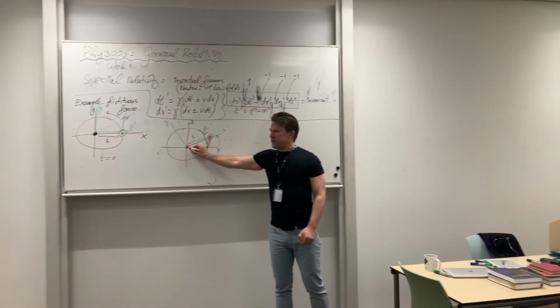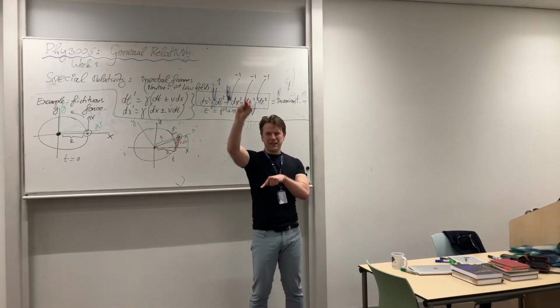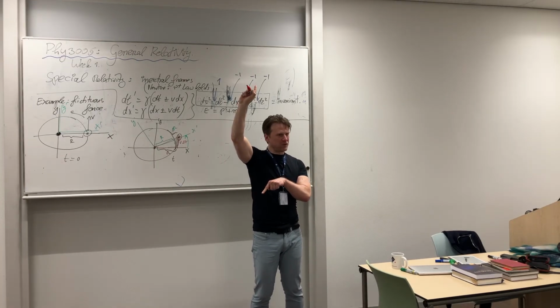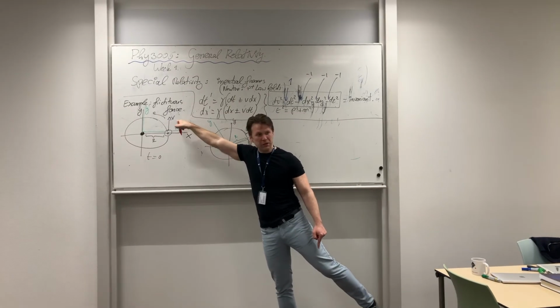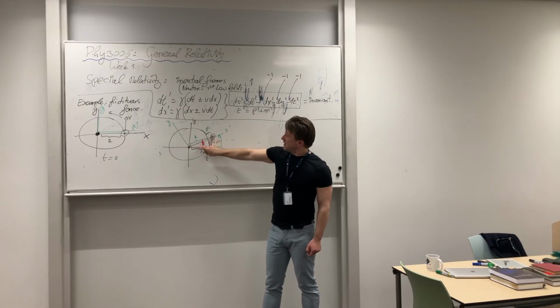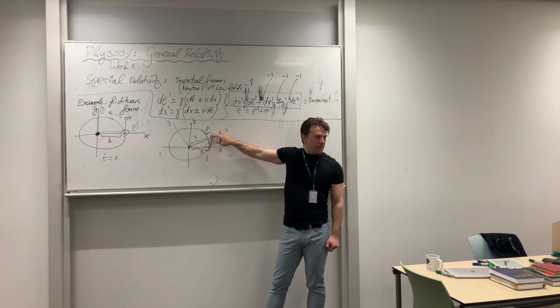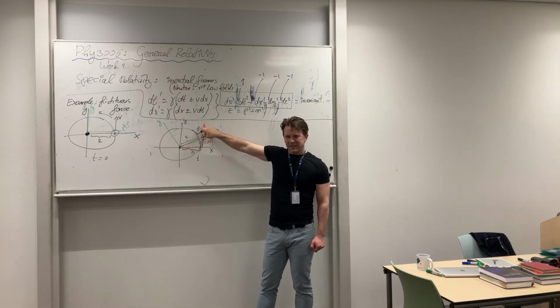And I know this side of the triangle, it's R. I also know this side of the triangle, it's V times delta T, because that's how many meters the ball has moved upward in between the two snapshots. Given that it started with V and it stayed with V because of inertial frame. I also know this distance to continue my Pythagorean theorem. It's R plus the extra delta R. So I can write that now, Pythagoras' theorem.